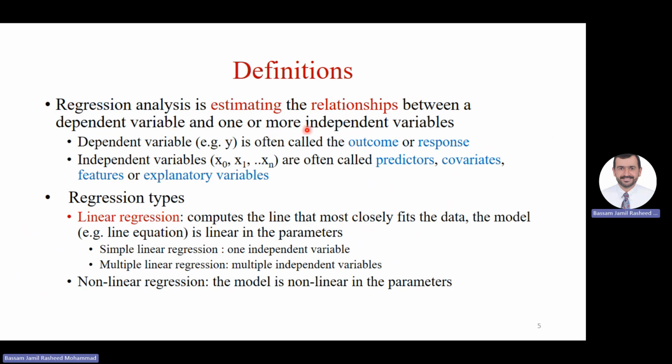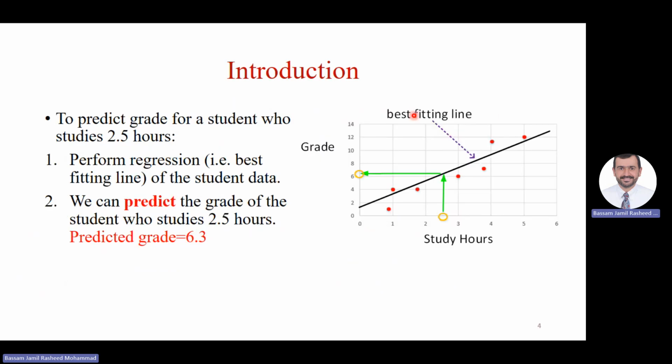And one or more independent variables. In the previous slide, the independent variable was the study hours. So the dependent variable depends on the independent variable, which is the study hours. The grade depends on the study hours. The grade is the dependent variable, and the study hours are the independent variable.